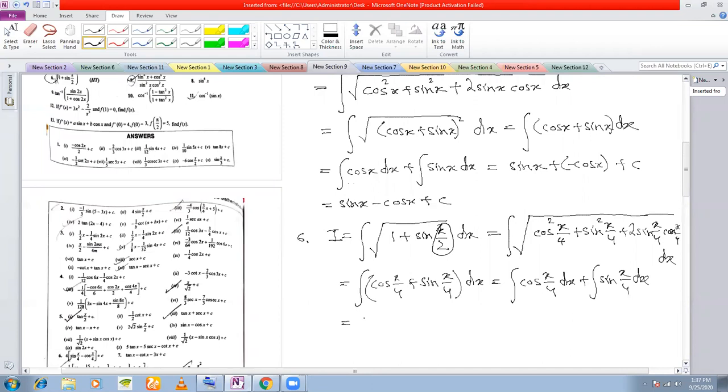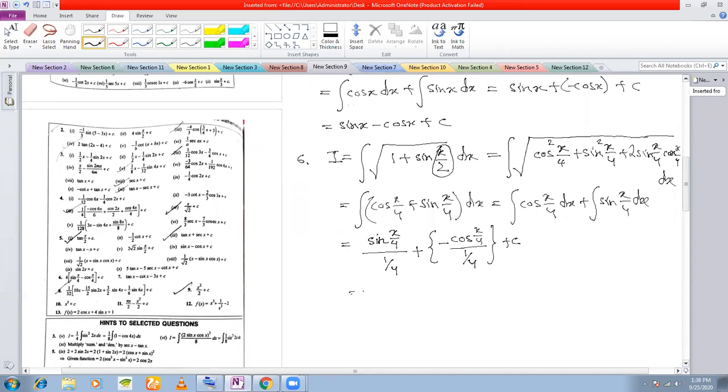First you integrate cos, you get sine x by 4 and divided by the derivative of x by 4, which is 1 by 4, plus integration of sine is minus cos x by 4 and then divided by the derivative of x by 4, plus c.